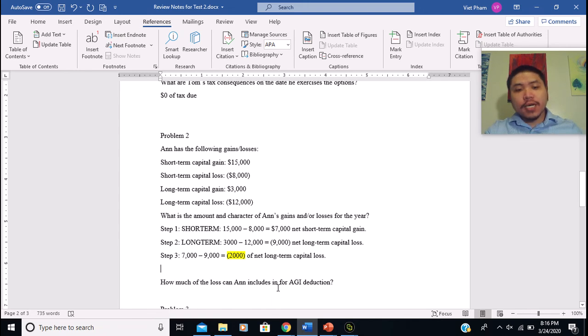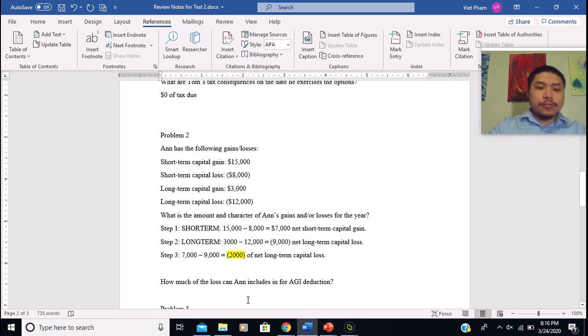So in this case, Anne's capital loss is only $2,000, so that means she can deduct the whole amount, $2,000, because it's still under the limit of $3,000. So Anne can include $2,000.